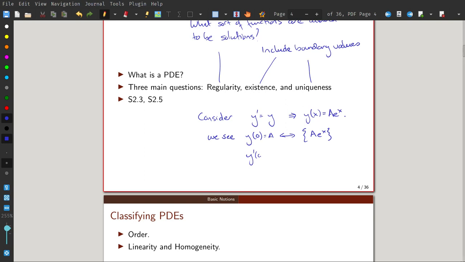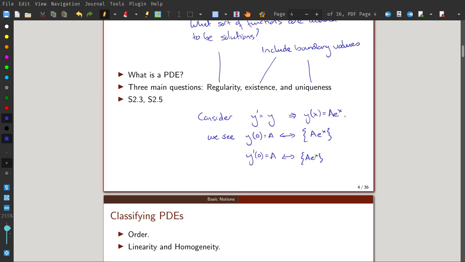We could also give the value of the derivative at 0, because this is also the number a, and that would also give a one-to-one correspondence with the space of solutions. So there are multiple ways of setting up the problem, giving different sorts of boundary values or conditions, such that these boundary values parameterize the space of solutions of our equation.